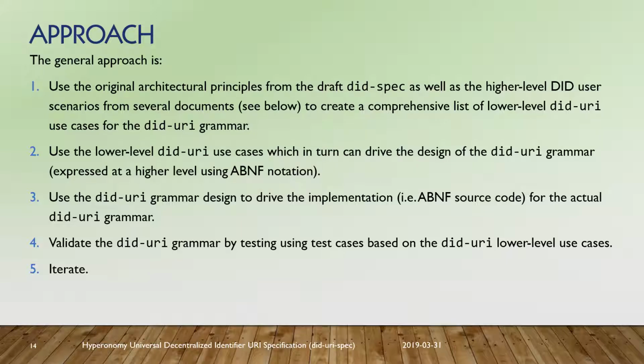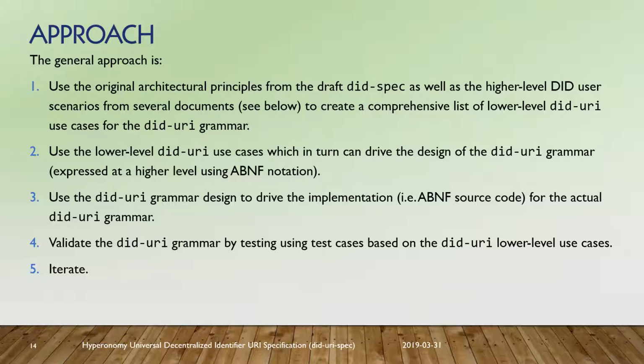Step 2, we take those lower level did URL use cases and we use them to drive the design of the grammar, expressed initially at a high level using ABNF notation. We're kind of using what I call a pushing rope strategy currently, where we're designing the ABNF and imagining if it's the right ABNF or not based on the higher level use cases.